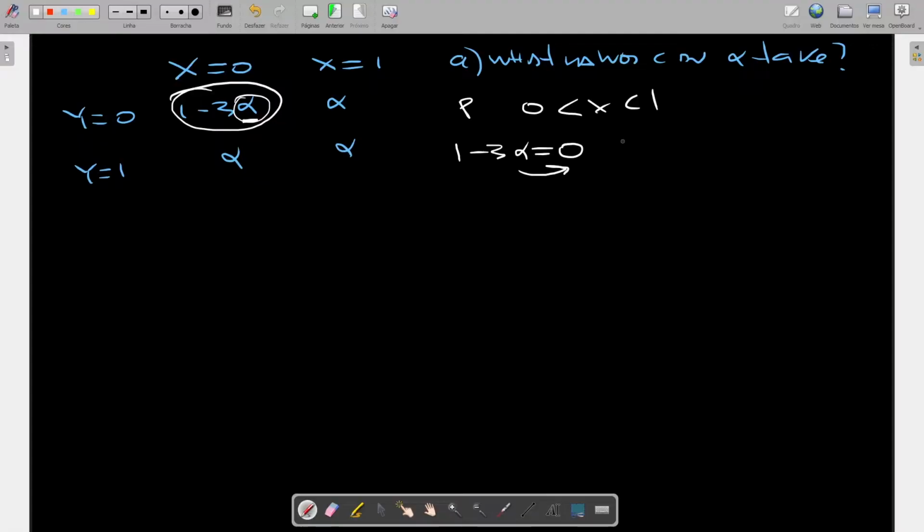So you have 1 equals 3 alpha, and this gets the alpha alone, so you have 1/3. So what this means is that alpha ranges between the values of 0 and 1/3. This is how you solve this problem.